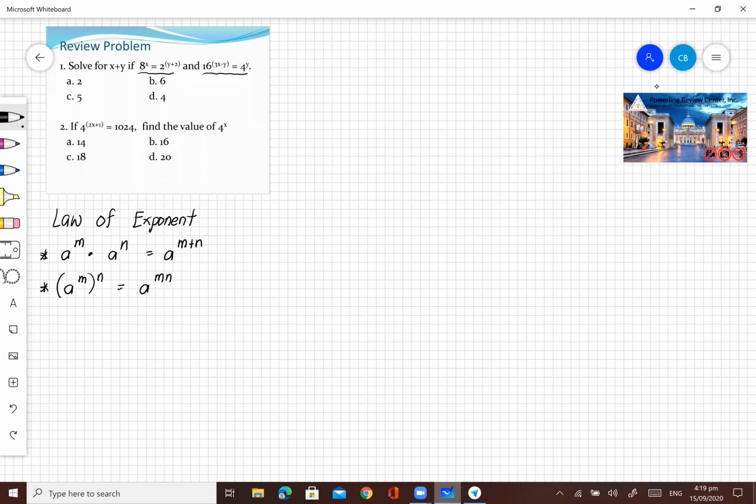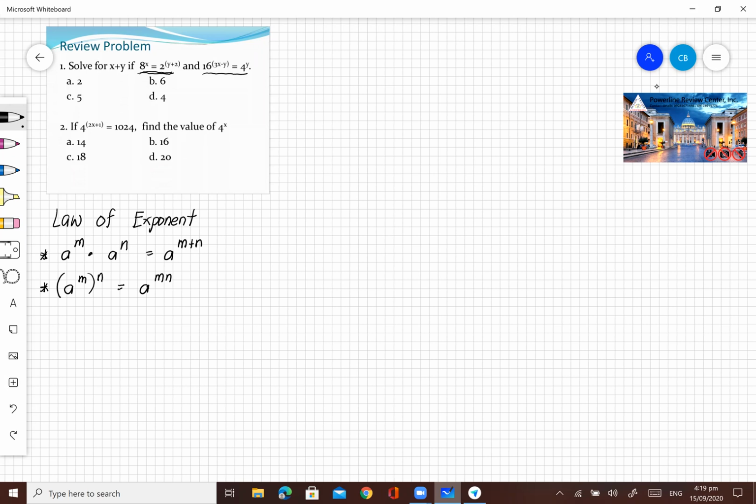If you try to consider yung first equation na binigay sa atin, you may notice that the base of the left side of the equation is divisible or factorable by the base at the right side. Ibig sabihin, si 8 is factorable or divisible by 2. You may express 8 in terms of 2.